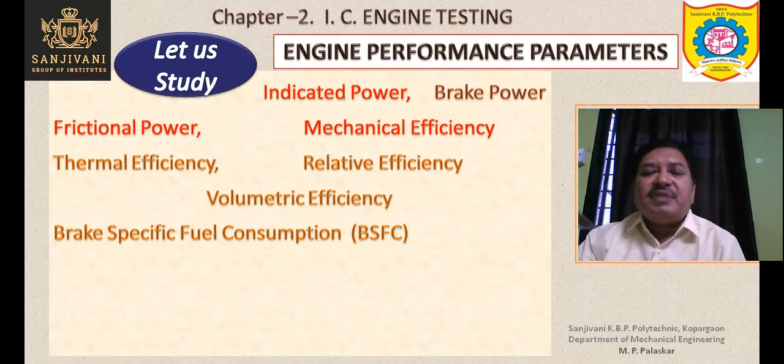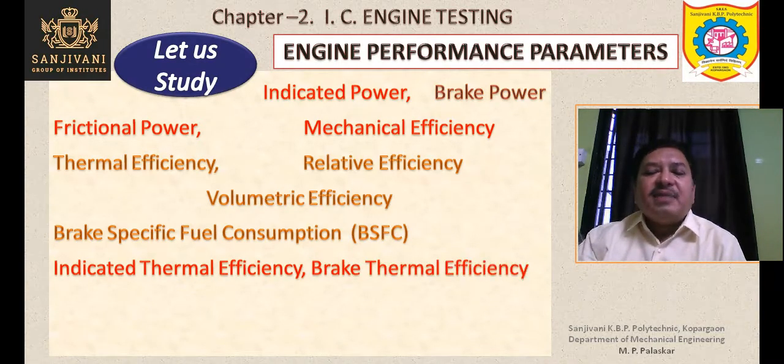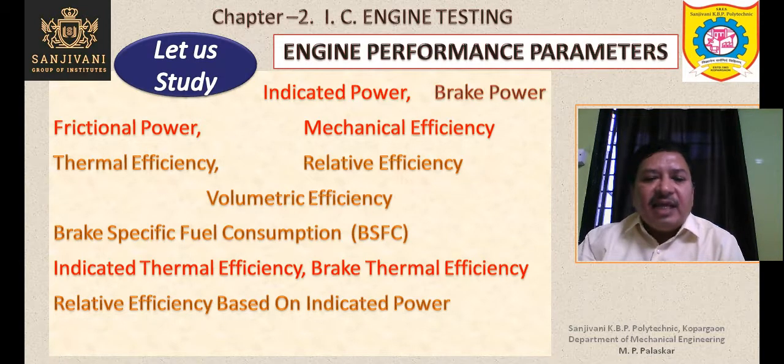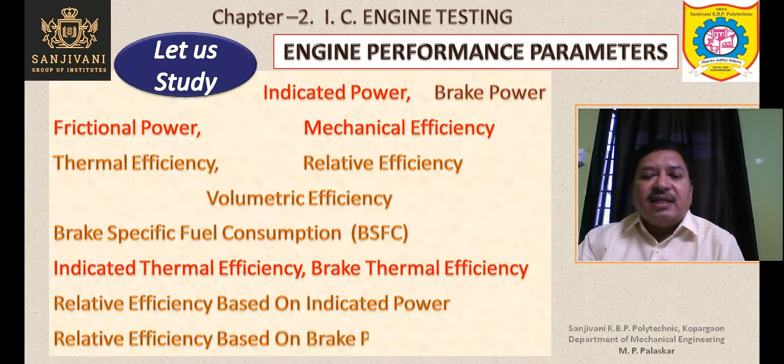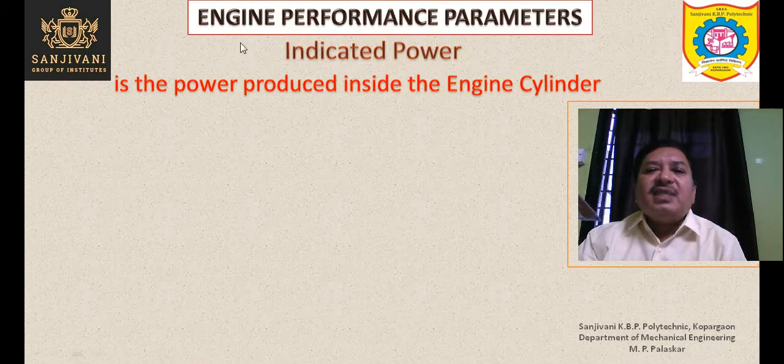So, BSFC is nothing but brake specific fuel consumption. Indicated thermal efficiency and brake thermal efficiency we are going to study. We are also going to define the relative efficiency, based on indicated power and based on the brake power. So, we are going to start with the indicated power.